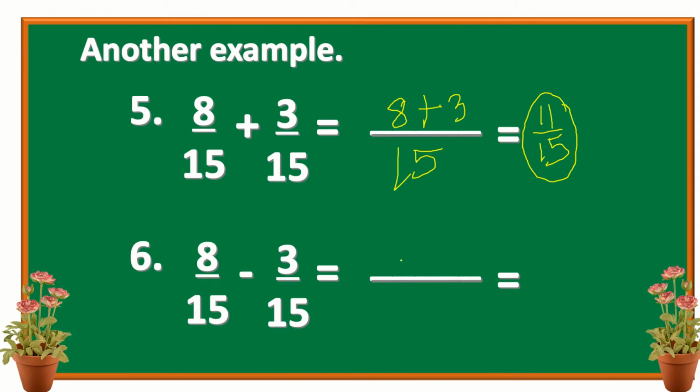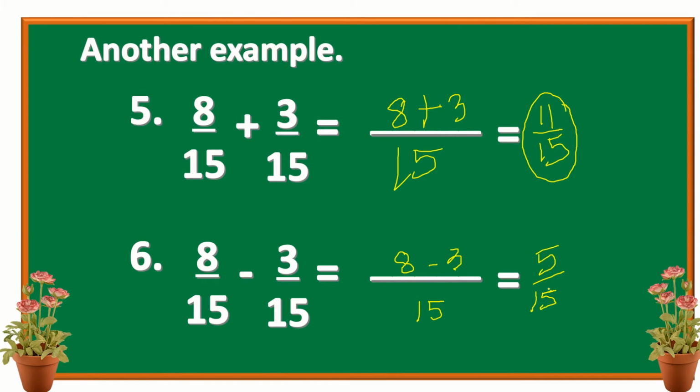Okay, how about number 6? 8 minus 3 over 15. What is 8 minus 3? That would be 5 over 15. Okay. Mom, they are big again.